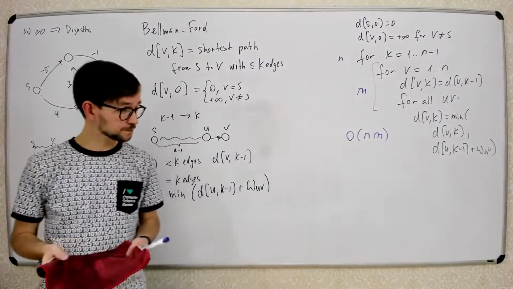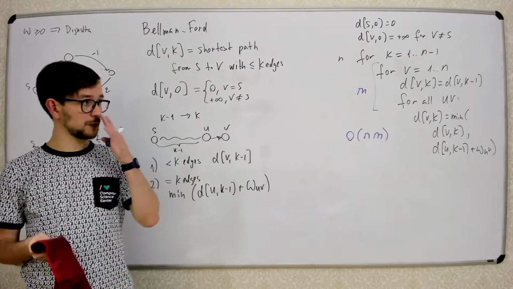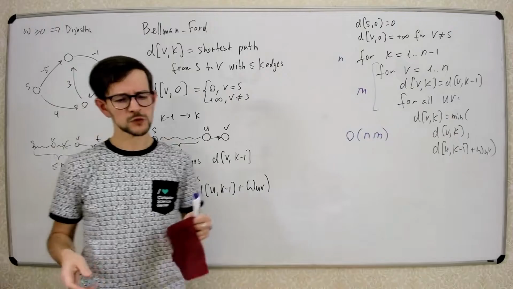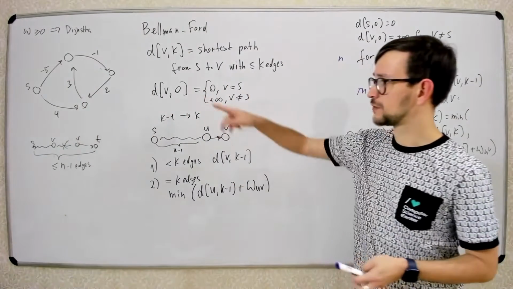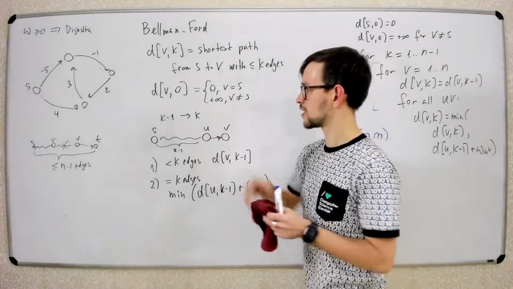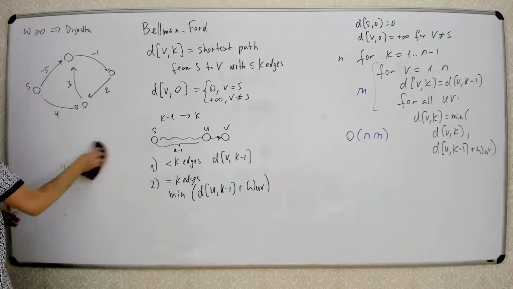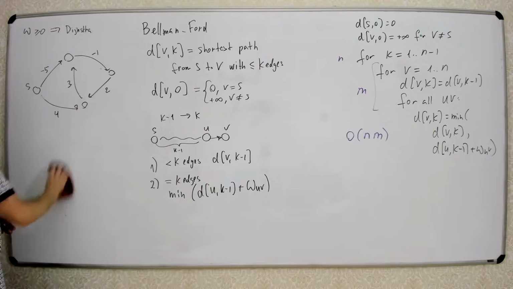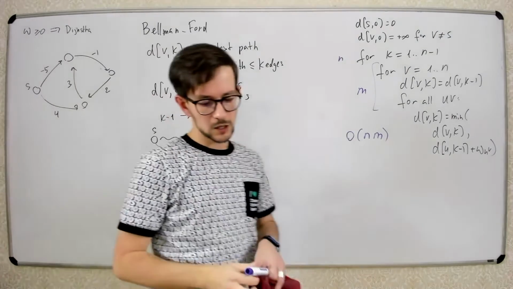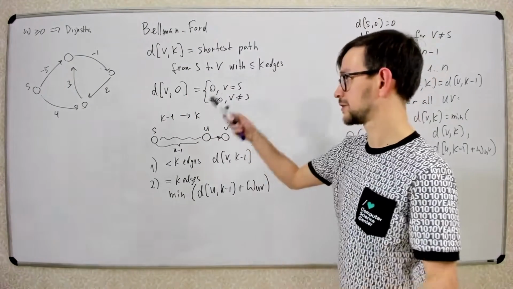what we'll do next? We will try to improve this algorithm a little bit. First, let's solve this example first. So we have this graph. Let's just show how this algorithm works in this graph.